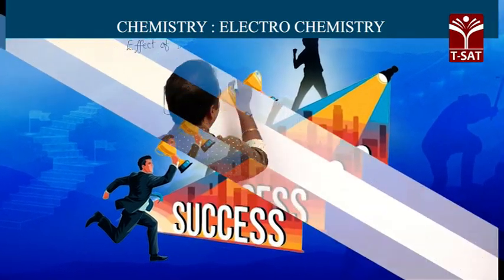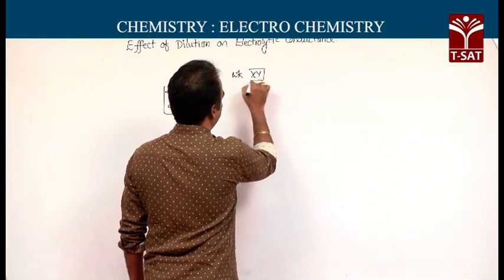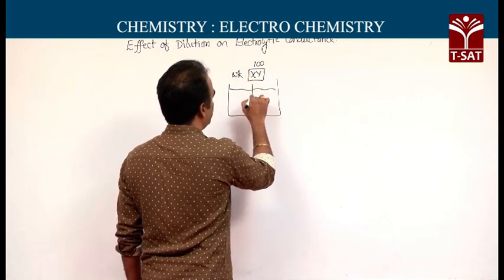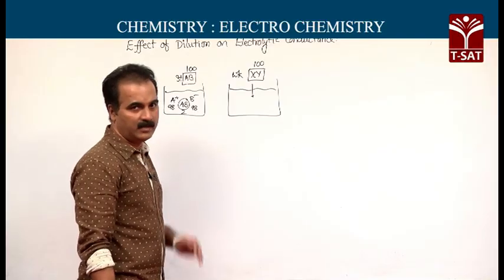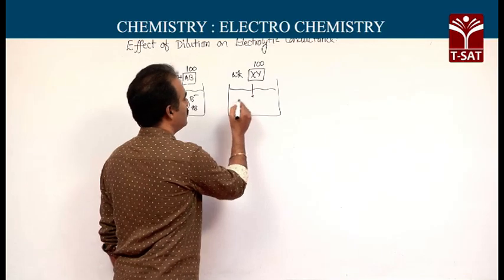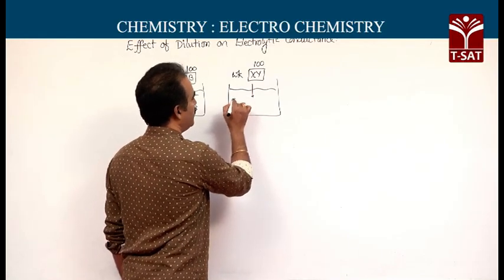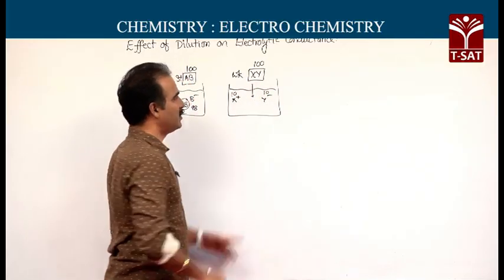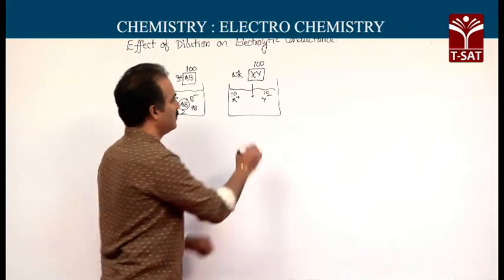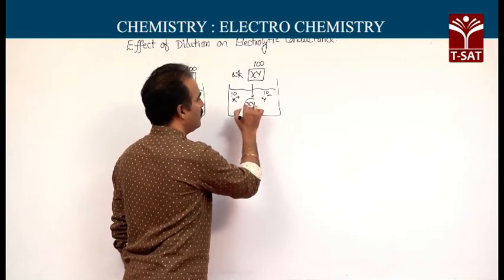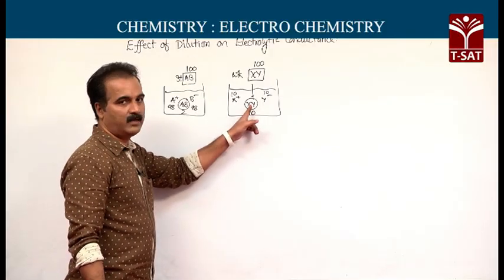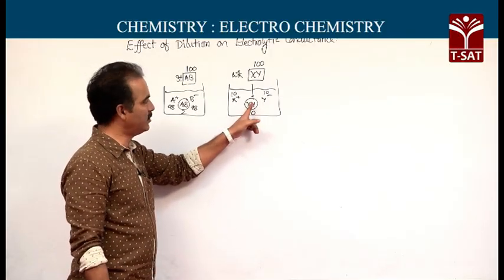Now, if you take a weak electrolyte XY, what is the meaning of weak? It dissociates, but to a lesser extent. The degree of dissociation is less. So, say 10% dissociated means it is giving 10 X plus and 10 Y minus. The remaining 90 molecules of XY are still undissociated, but in dissolved condition.